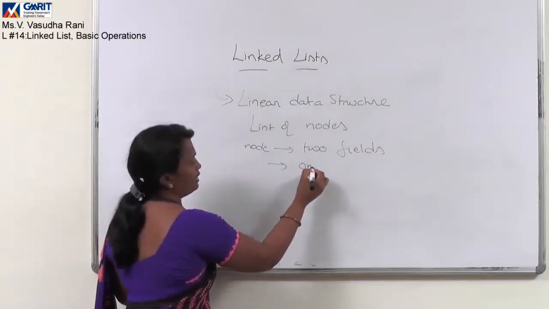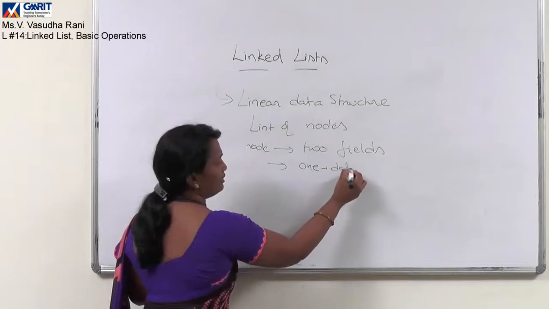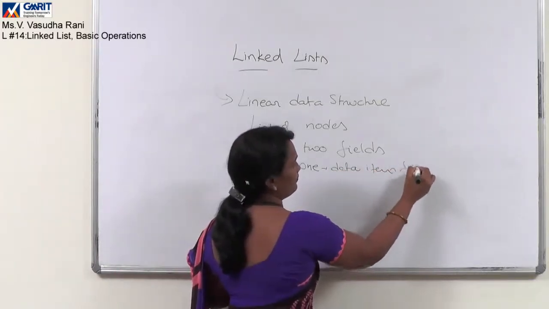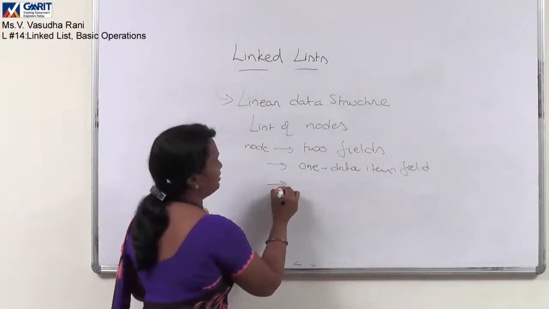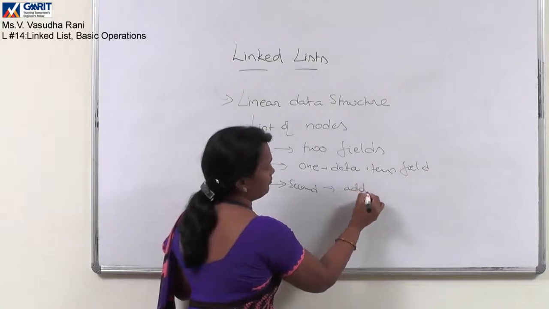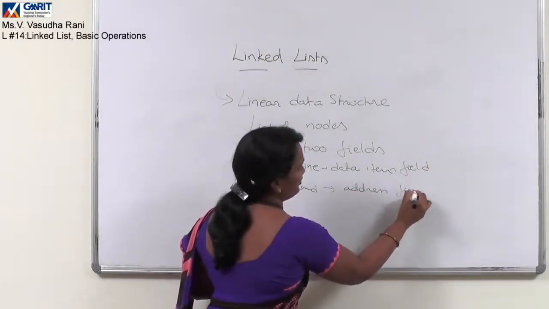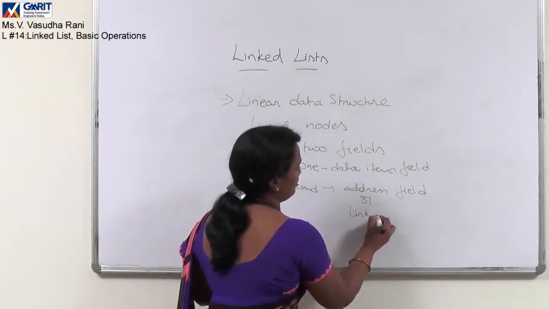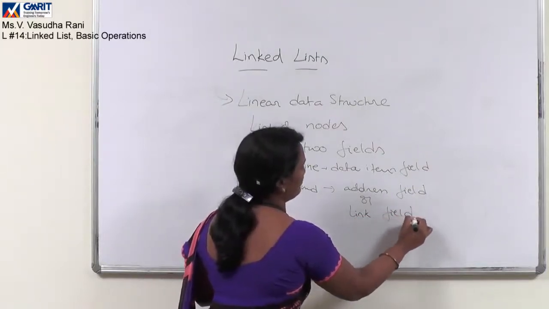One is the data field or data item field, and the second one is the address field or link field.